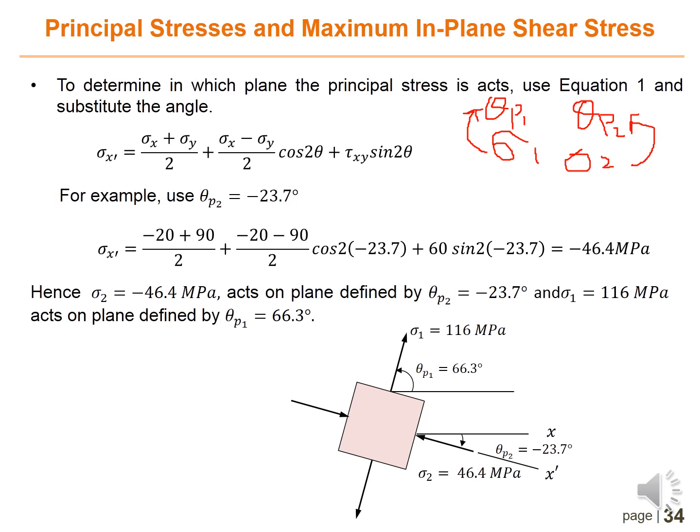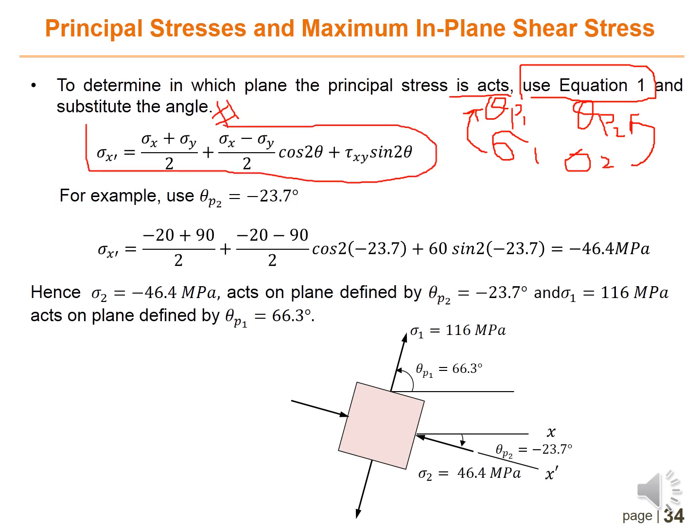To determine on which plane the principal stress acts, we can use equation 1 again and substitute the value of the angle. So this is equation number 1. Let's say for example we use theta p2 equals negative 23.7.